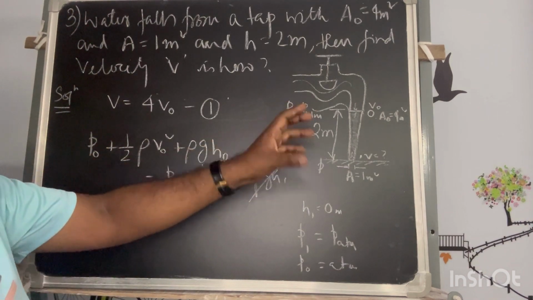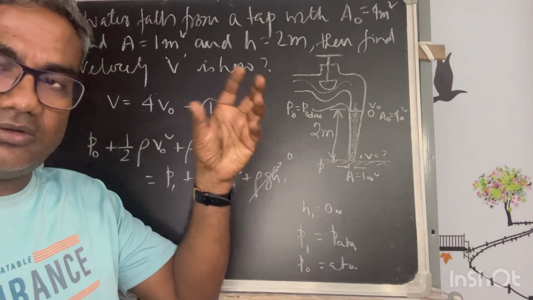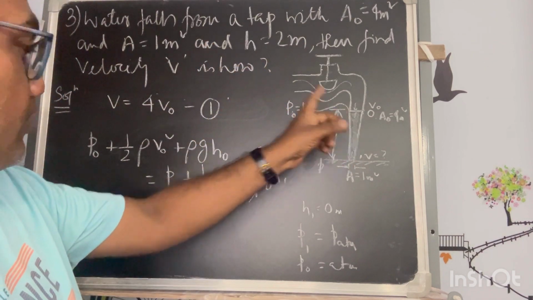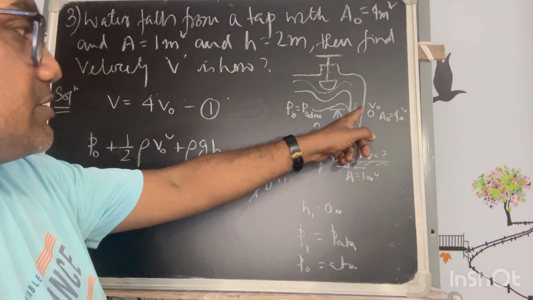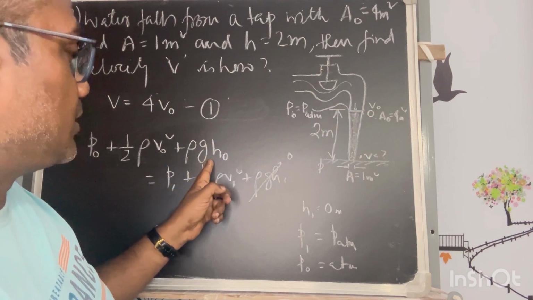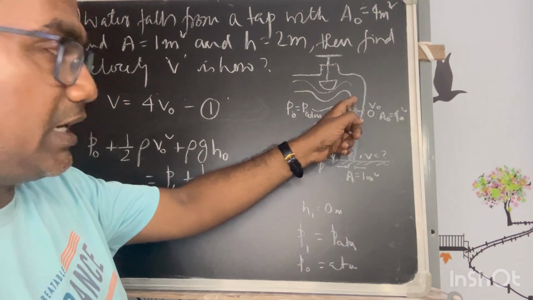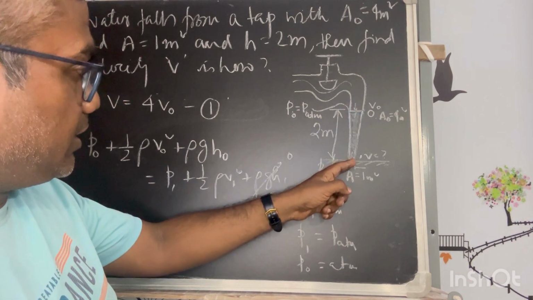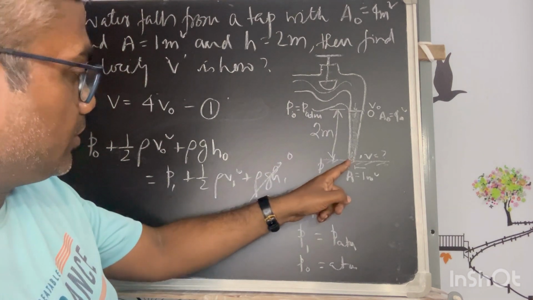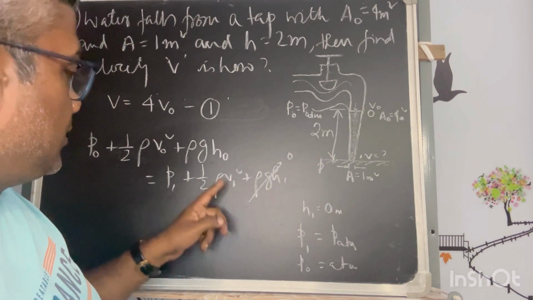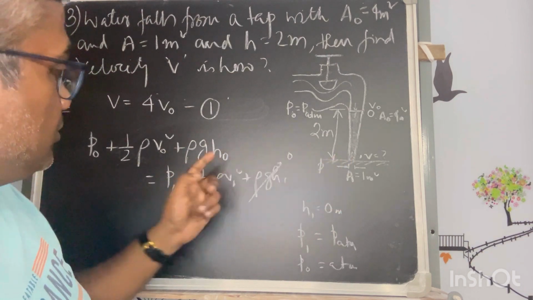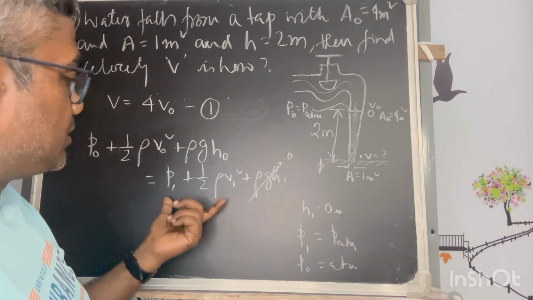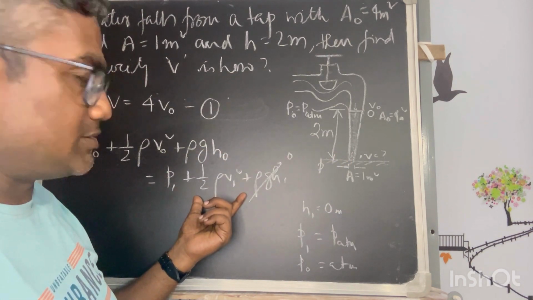P0 plus, because we are equalizing the energy, not the pressure. So equalizing energy means whatever energy is there, it is atmospheric plus the potential energy. That potential energy is converted into the kinetic energy, sacrificing what? P0 will be P0, sacrificing this part, that is converted into kinetic energy.